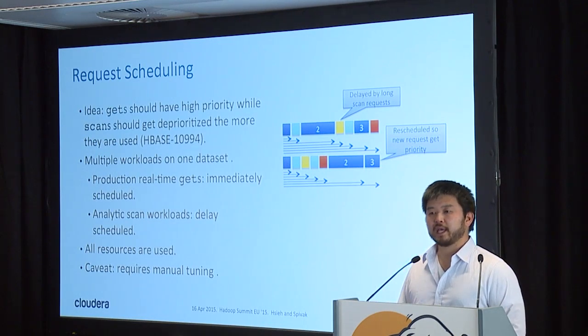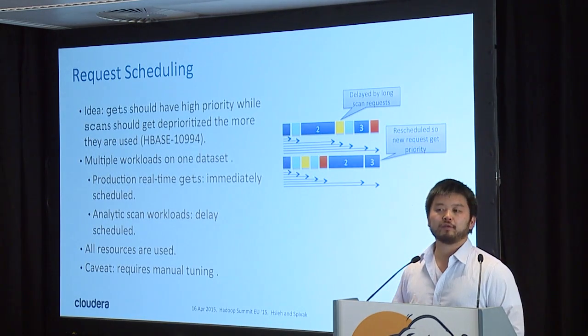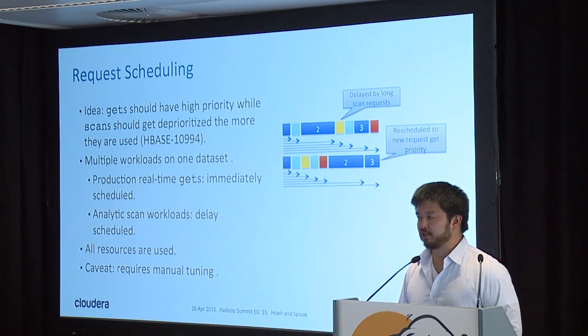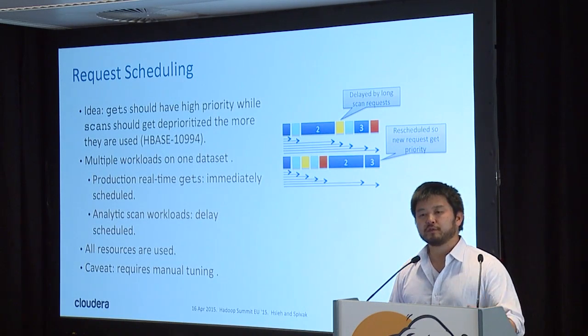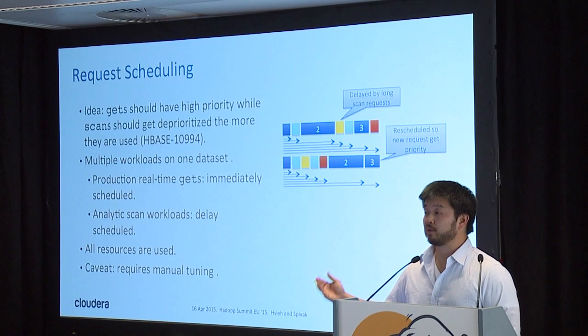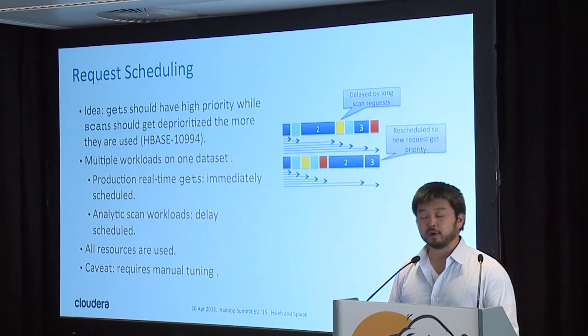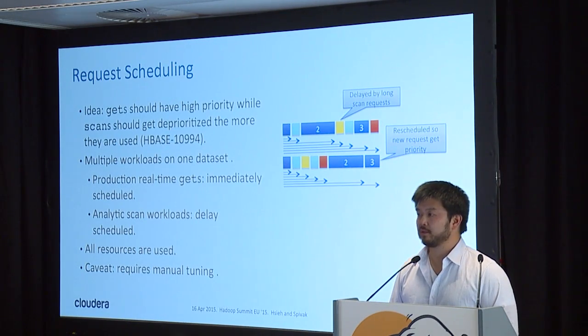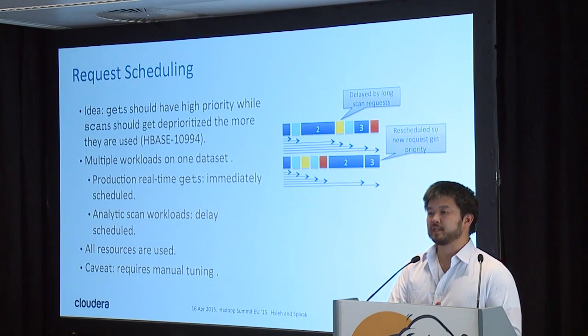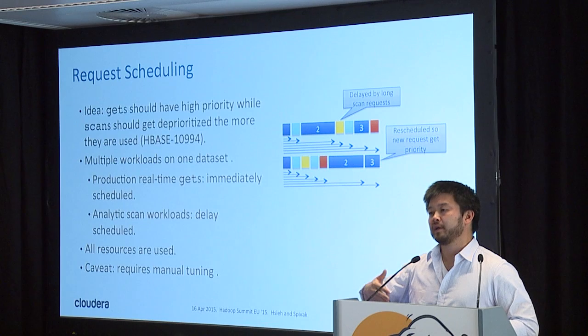But if this is a long scan, this scanner ID gets used over and over and over. So what we do is we keep track of the number of times it's been used and penalize it. We basically delay schedule it, say, hey, you've already used this 5 times, 10 times. We're going to push you further back, and we're going to let these other guys that are newer preempt your requests. So what you can see here from the illustration is that the top one is the natural order.